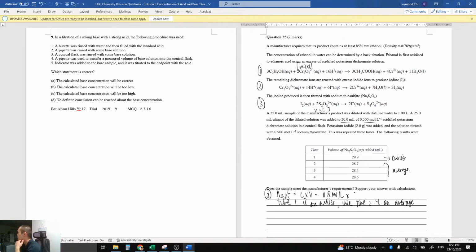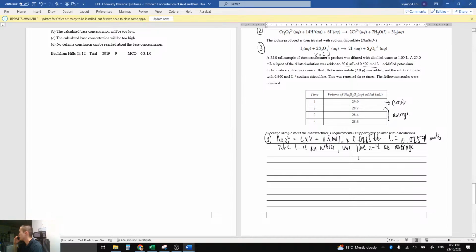So the average of that is 28, so 0.0285666 dot dot dot liters, which is equal to 0.02571 moles. Yep, and then we got the moles of that.